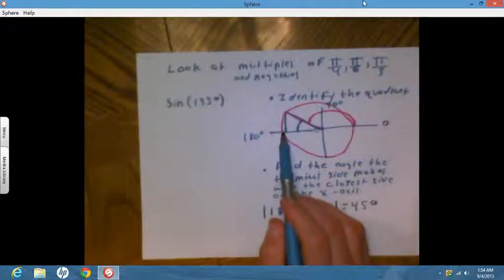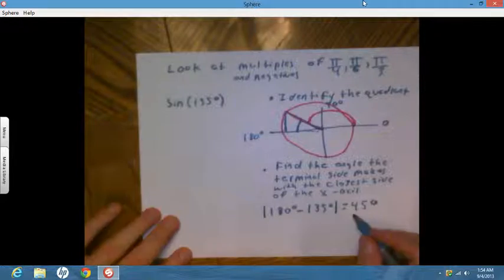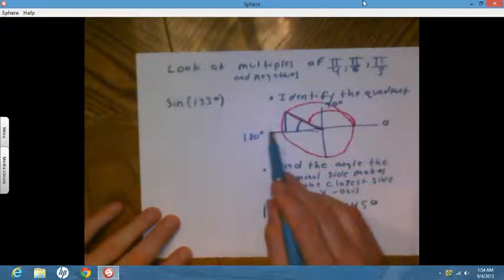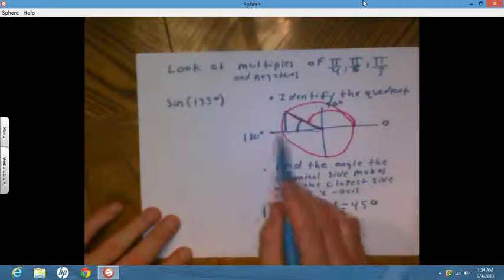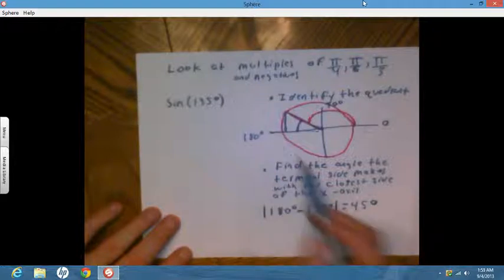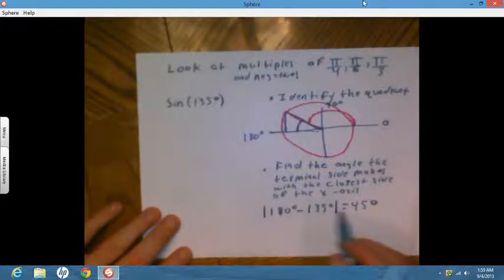So why don't I use 540 instead of 180? Well, I only know angles between 0 and 90, so I want to choose the closest number to this 135, which is going to be 180 here. So I want the difference to be less than 90, so I'm going to choose 180.